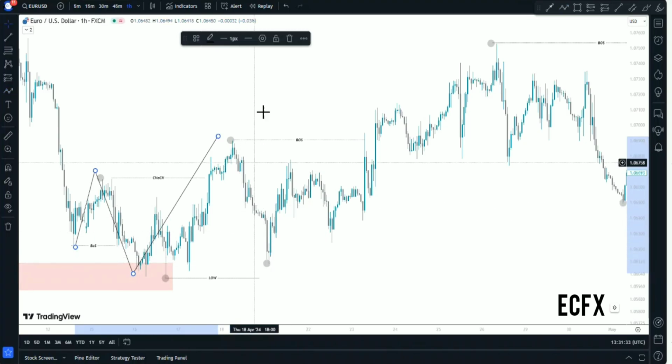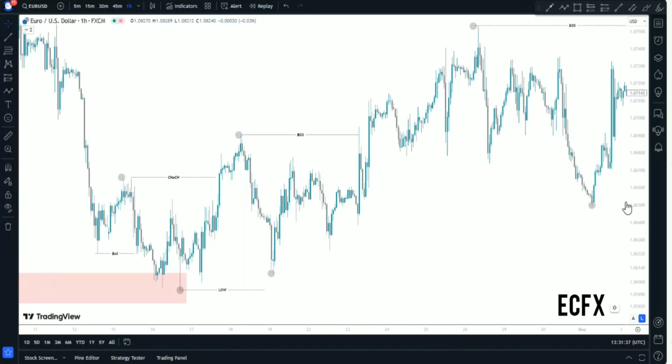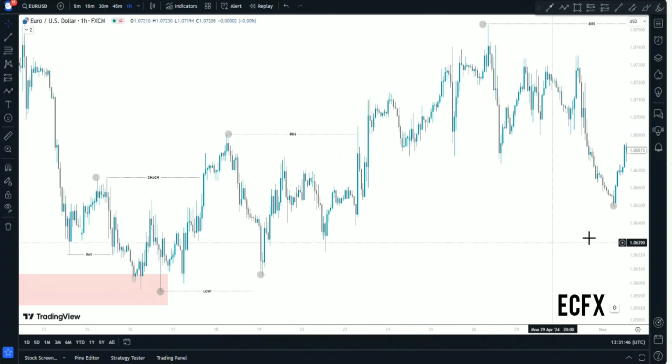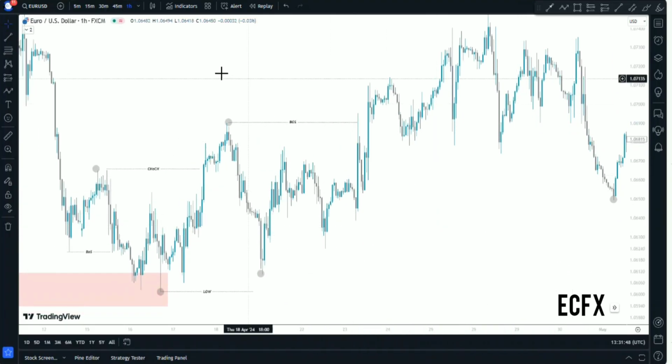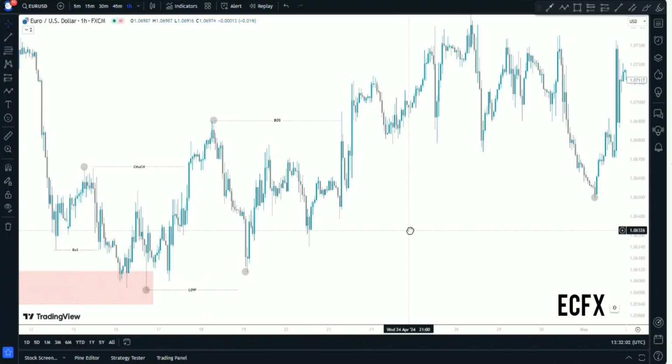This is a good trick for when you have marked out your highs and lows on the higher time frame and you've missed out on an entry on the higher time frame. What you will go ahead and do is jump down to the lower time frame, like the 5, 15, or up to 45 minutes, and mark out a level that you can take a trade from on the internal time frames.